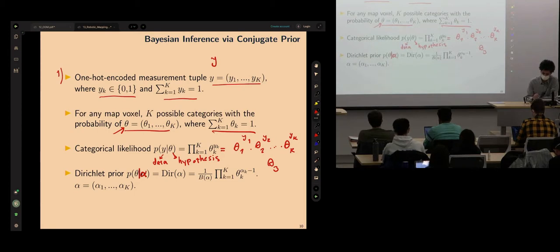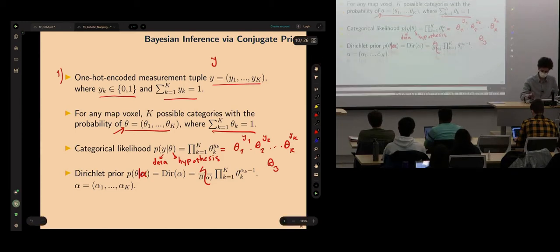So the Dirichlet distribution has a normalizing constant that you can ignore. And again, it's the product of all categories raised to the power of alpha k minus 1. That's how it's defined.